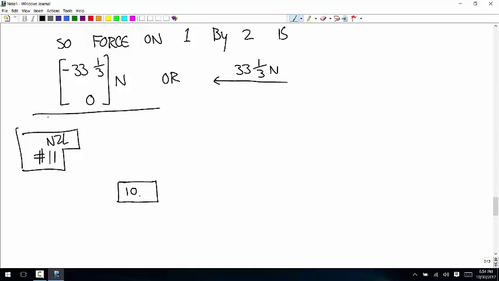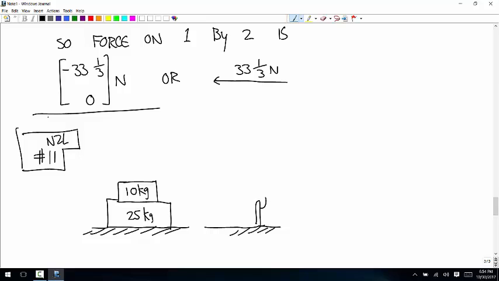So there's a 10 kilogram box sitting on top of a 25 kilogram box. And that's on a floor. And then they're connected to each other by a cable that goes over this pulley.